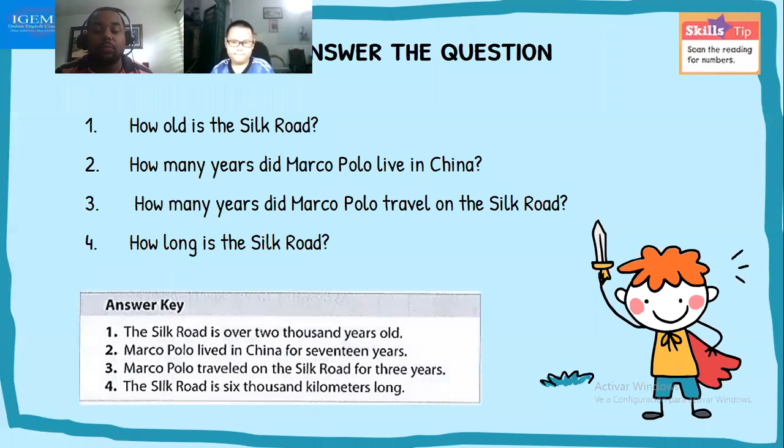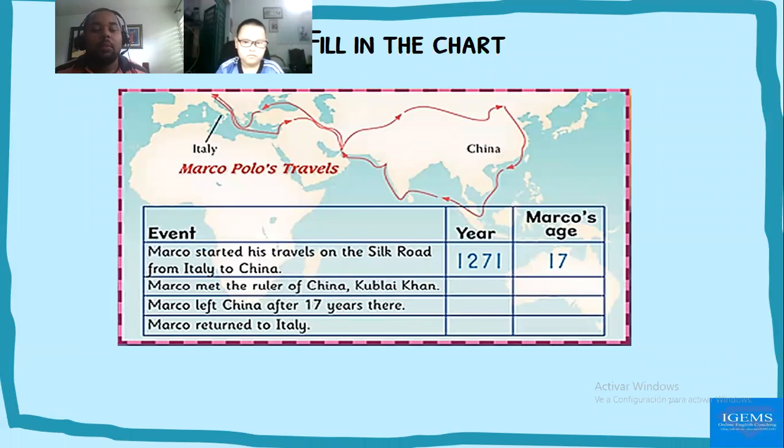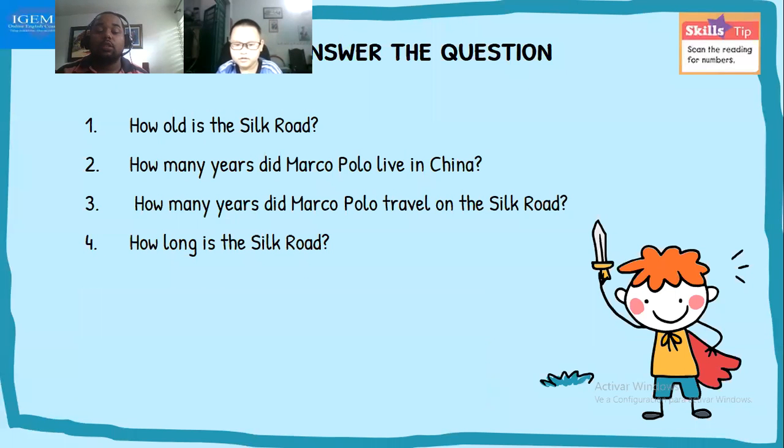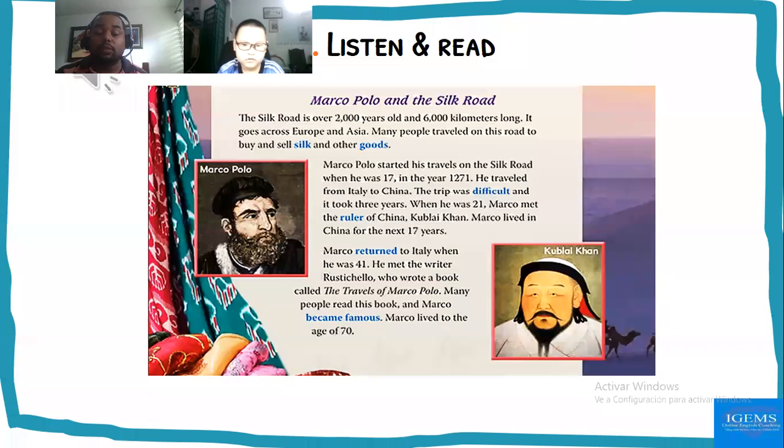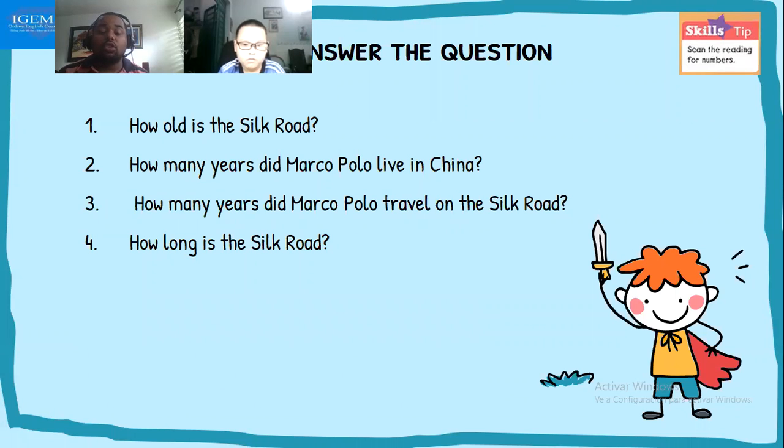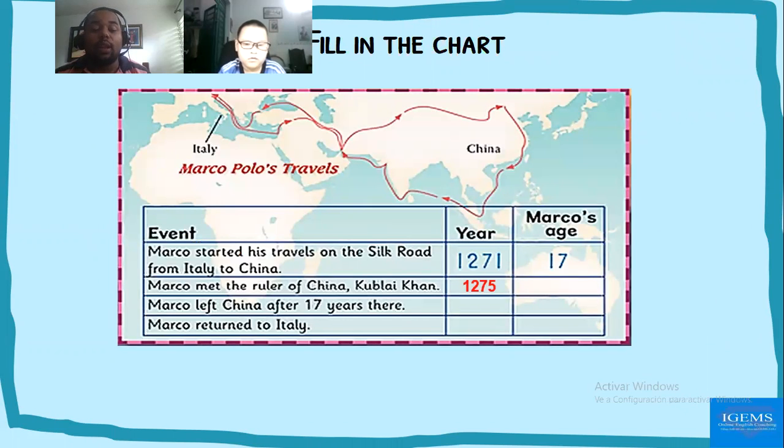So let's continue. Marco left China after 17 years there. That's going to be 1292, and he was 38 years old.